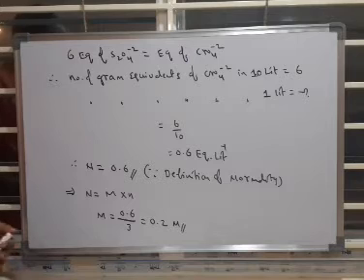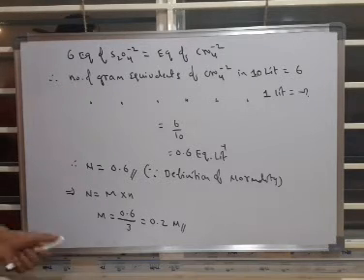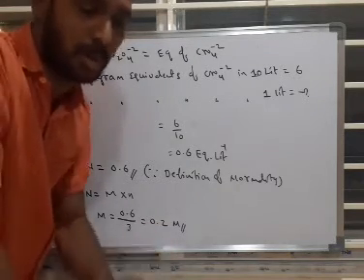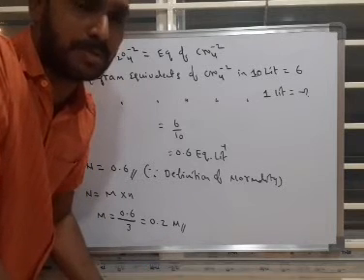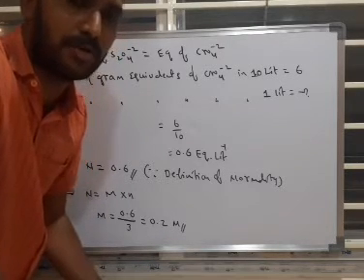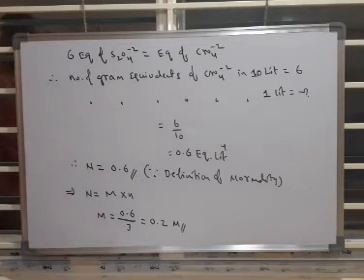Okay. Next, it is also given. So the problem is not completed. The problem also asked for ppm, parts per million. So to find parts per million we have to do some more.